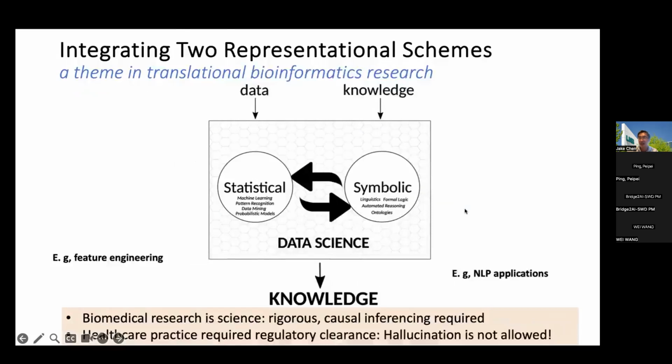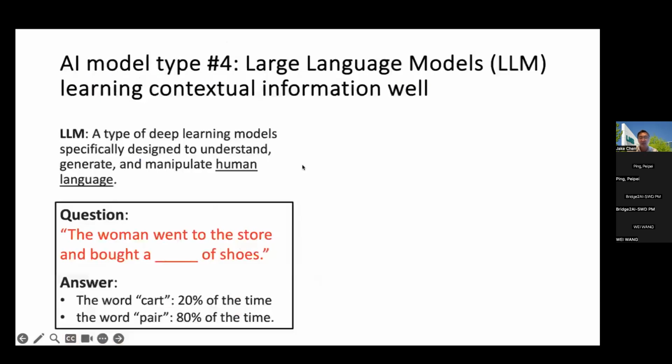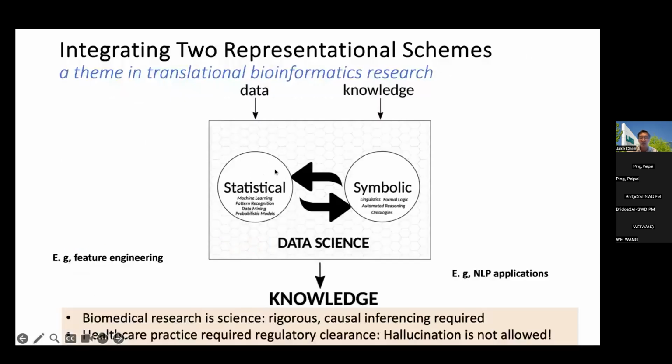If you go back 5 to 10 years, this is what we taught students: integrating into a system. On one side, we need statistical machine learning to learn features and try to understand what the features map to. On the other side, use a knowledge base and ontology, and then somehow blend them together to generate knowledge.